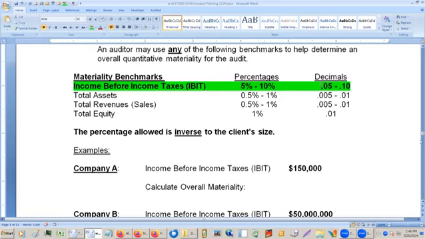I got this in decimals too. I don't need that. So 5 to 10%. Now notice something. 10% is twice as much as 5, right? So if you're looking at dollar amounts, it could be 50,000 or 100,000. The question is, well, which one do you use and when?